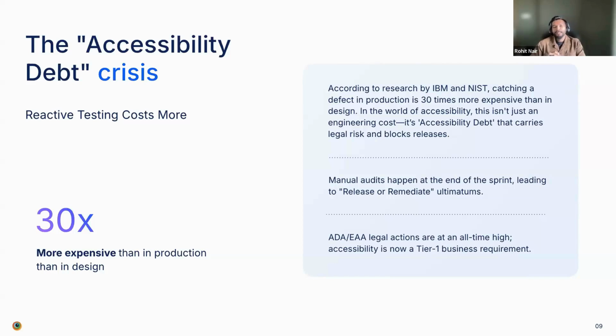That blocks them from being an organization that wants to release quite often and be more agile, detecting issues while they are developing. And catching a defect in production isn't just an engineering headache. It's actually 30 to 100 times more expensive than catching it in design.